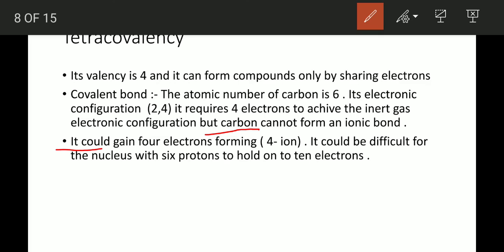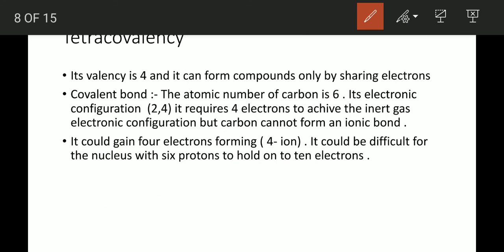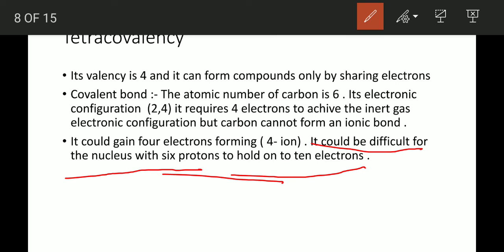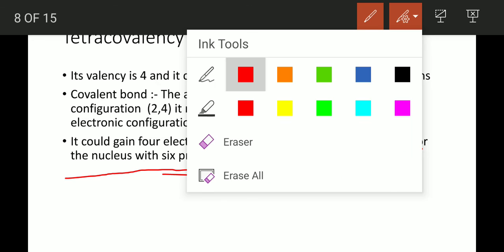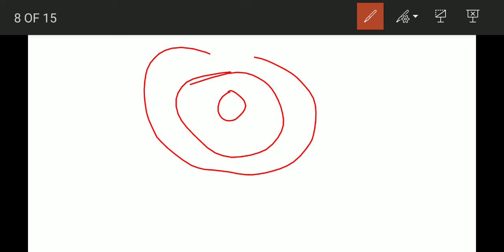Why? Because if it gains 4 electrons, it becomes a 4 minus ion. But it would be difficult for the nucleus with 6 protons to hold on to 10 electrons. Suppose this is the nucleus of a carbon and there are 4 electrons in the outer shell.